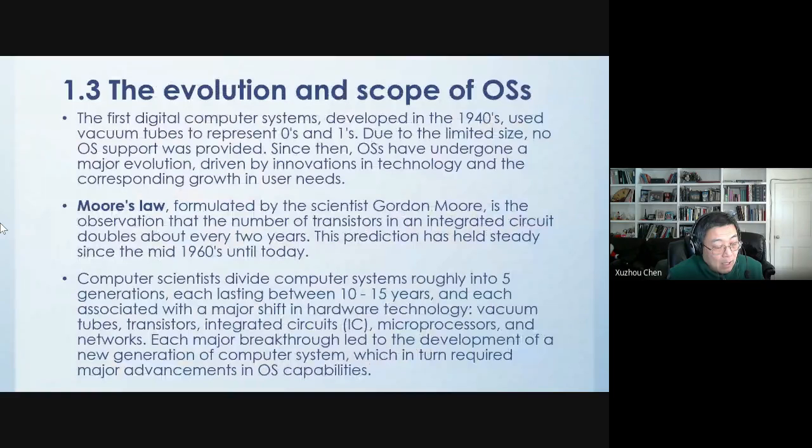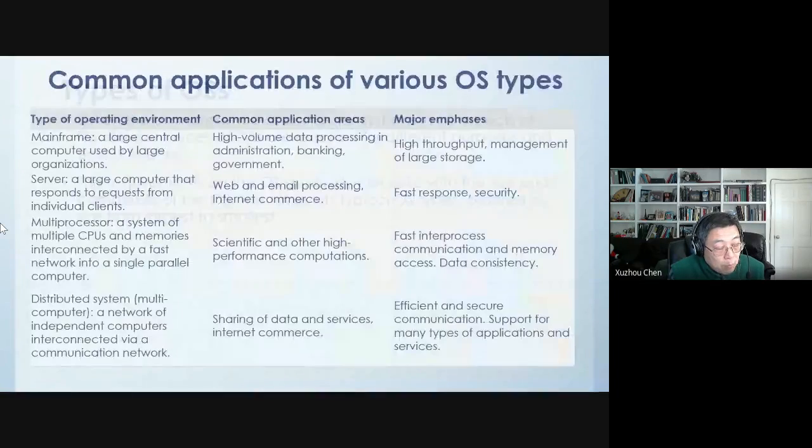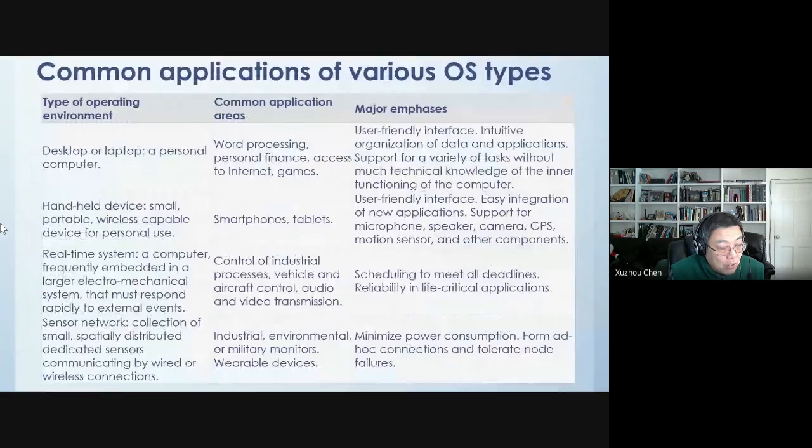I'm going to skip that part because we lost one class due to the snow. But this part is just about the history of the operating system, so I'm not going to talk about it. Section 1.3, I'm going to skip. I hope you can read it.